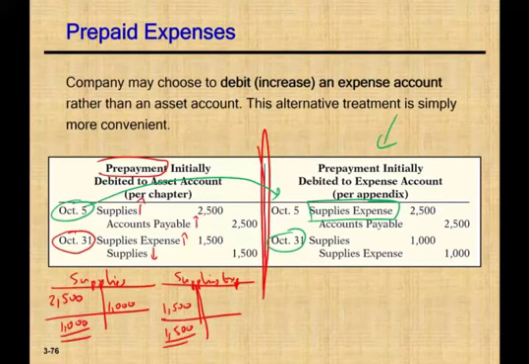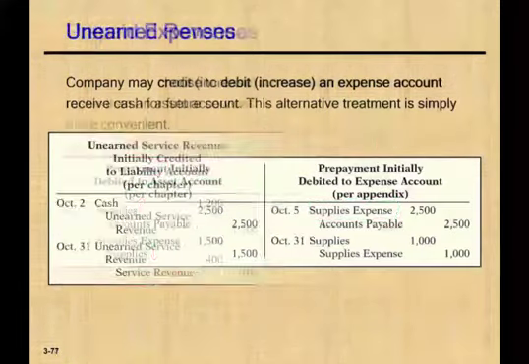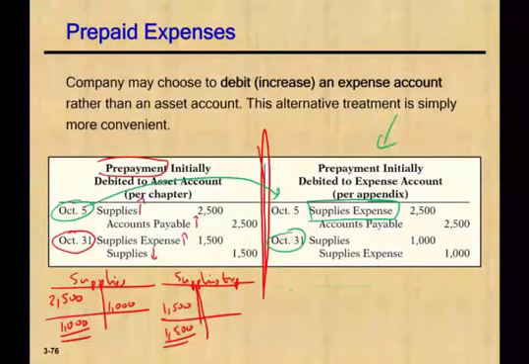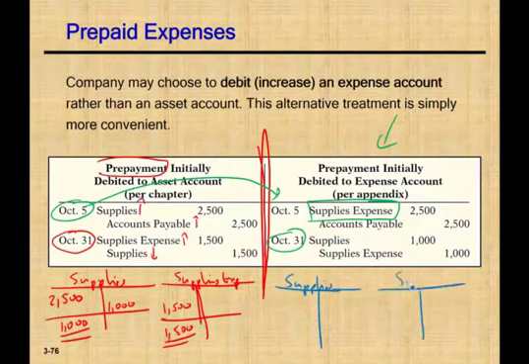Okay, under the alternate method, what you would do is this. Sorry, go back here. Under the alternate method, you have supplies and supplies expense.